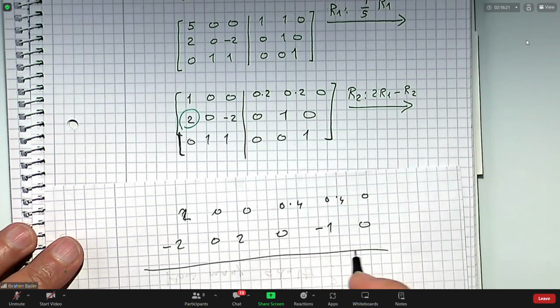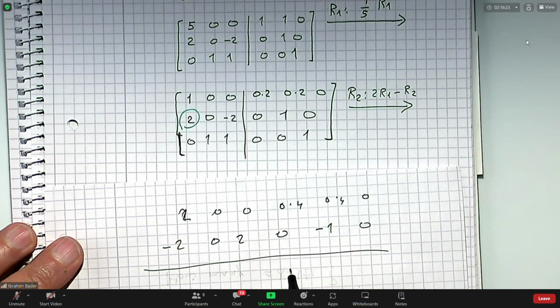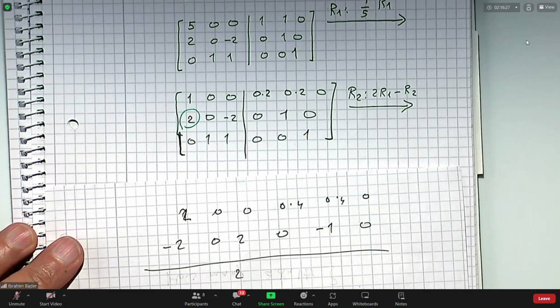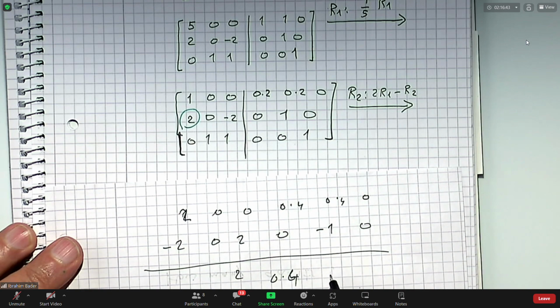So what I got here, 0, 0, 2. Okay, so 0, 0, 2. Here I got negative 0.6. Sorry, 0.4 and 0.6.